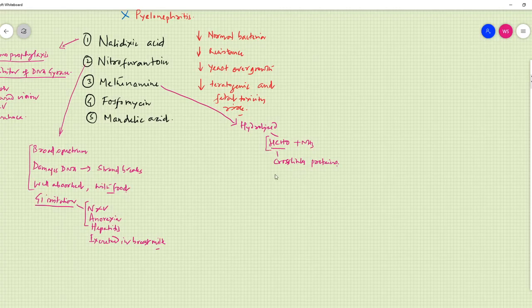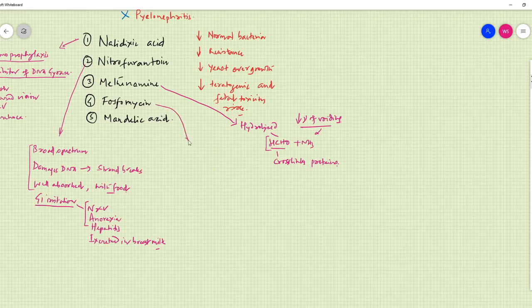They have to decrease the frequency of voiding, to gain maximum effectiveness, because the active compound which is bactericidal is formaldehyde.